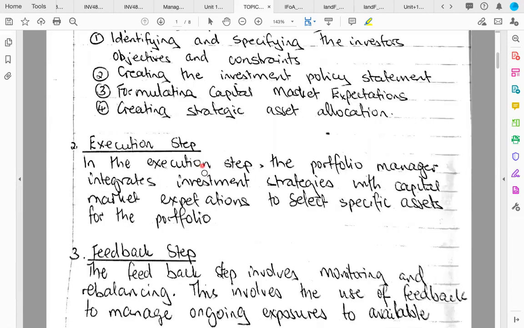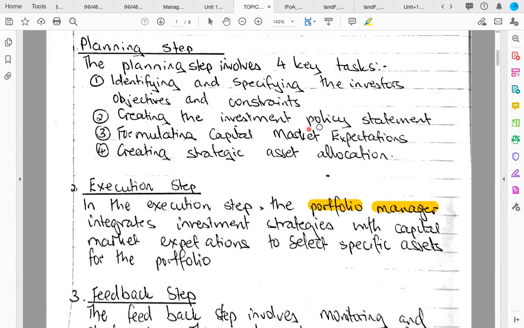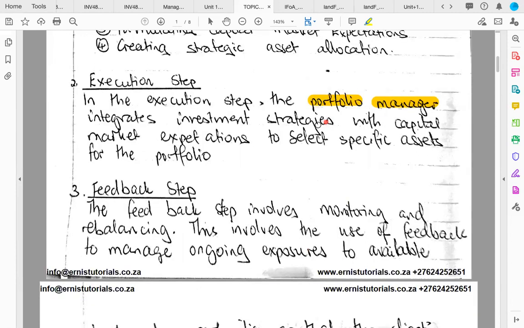And then with the second step, we are now taking all of our plans and putting them into action by appointing a portfolio manager, someone who will manage our money on our behalf, whether we are an institution or an individual, we'll usually have a portfolio manager. So the portfolio manager will now implement the plans that we came up with in step one. So we're also going to talk about how those steps are implemented, the flexibility we give the portfolio manager of being able to deviate slightly from some of the plans we set, and how the portfolio manager goes about that.